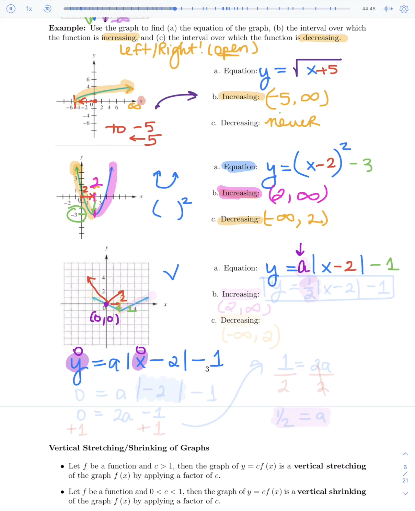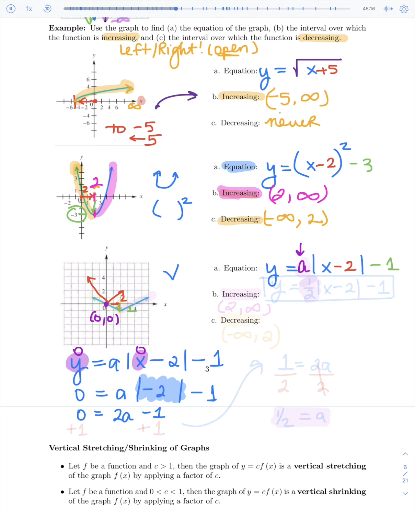And what that would give you then is 0 equals A times the absolute value of 0 minus 2, which gives us -2. And the absolute value of -2 is going to be a +2. So that would give me 0 equals 2 times A, then -1.